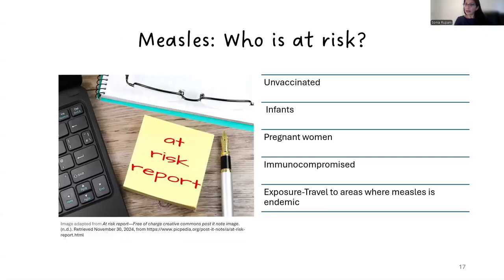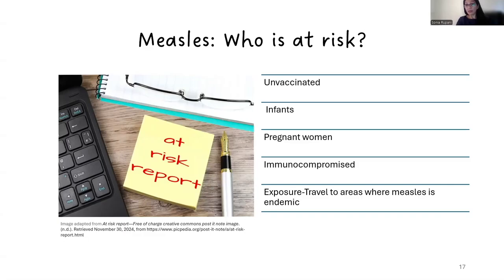When we look at who's at risk, again, unvaccinated individuals, those who are not protected. Unvaccinated infants: we know our vaccines for measles, mumps, rubella begin at 12 months. Those infants are at risk, because even if the mother has been vaccinated and antibodies have been transferred to the fetus, the infant will have the antibodies, but then they fade and wane, and the infant may not be protected.